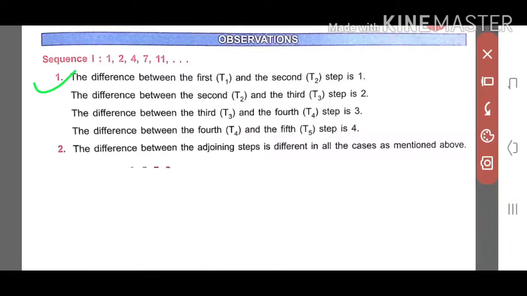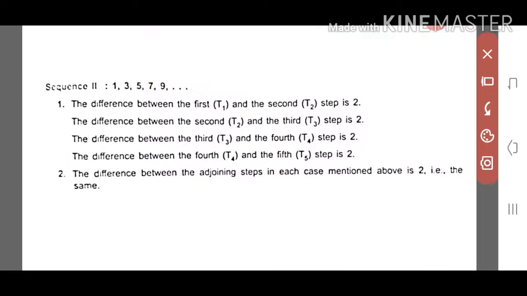The difference between the first and second term is 1, between the second and third term is 2, between the third and fourth term is 3, and between the fourth and fifth term is 4. Here the difference between adjoining steps is different in all the cases, so it is not an AP.